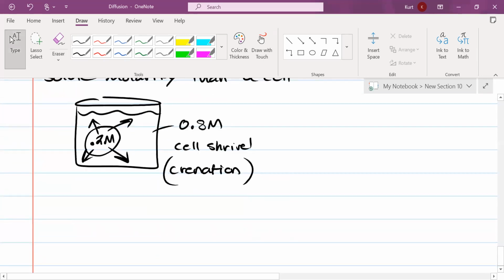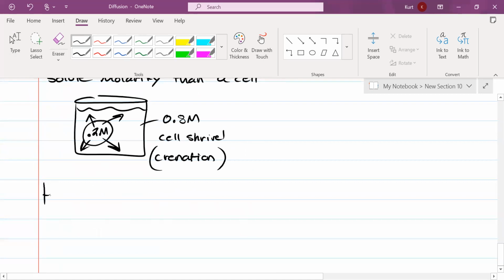All right. Let's go to hypotonic. What does hypo mean? If my blood pressure was hypotensive, is that below or above regular pressure? Below. So hypo means below. Never forget that.